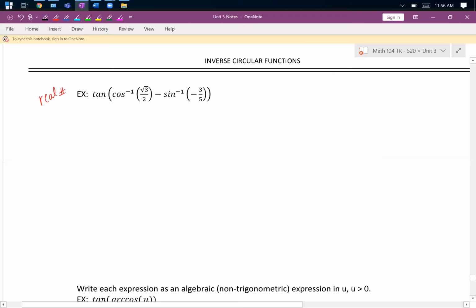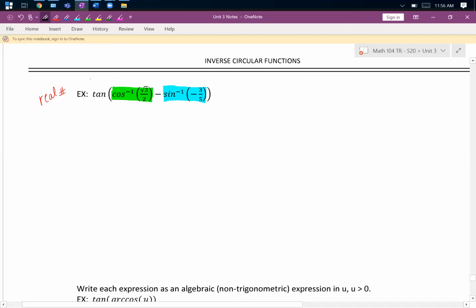All right, we got another one here. Our answer is going to be a real number because our outermost function is just a regular function. But you'll notice that inside the argument, I have 2 different inverse functions, and each inverse function gives us an angle. So we have an angle minus an angle.